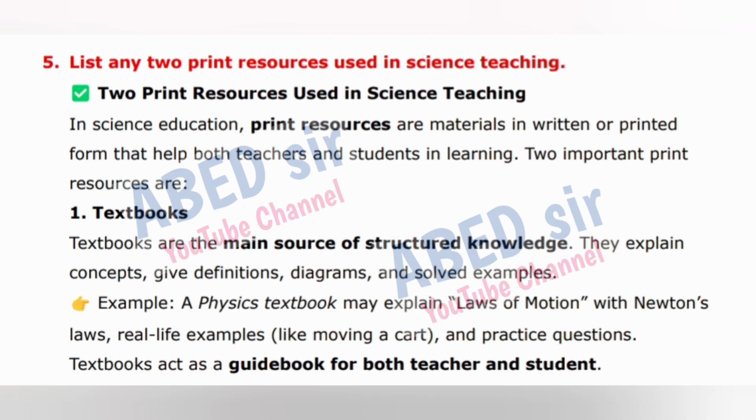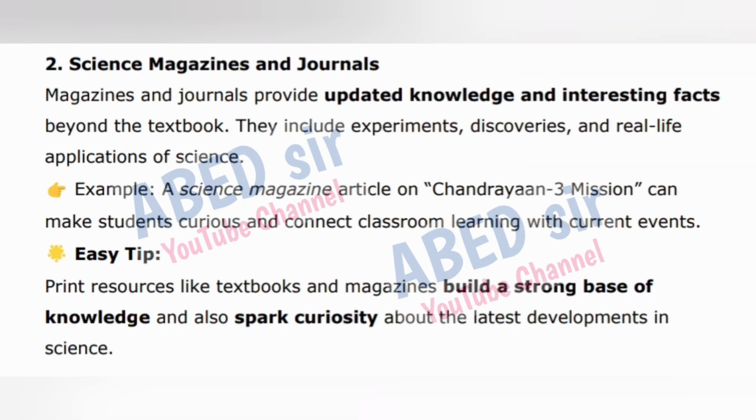Example: a physics textbook may explain laws of motion with Newton's laws, real-life examples like moving a cart, and practice questions. Textbooks act as a guidebook for both teacher and student. 2. Science magazines and journals.